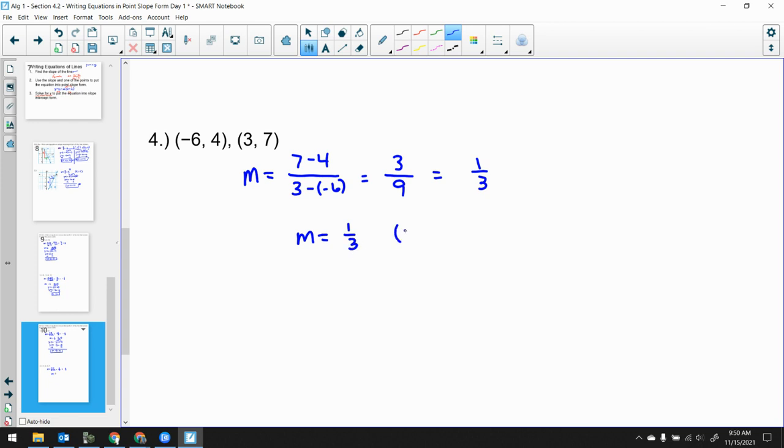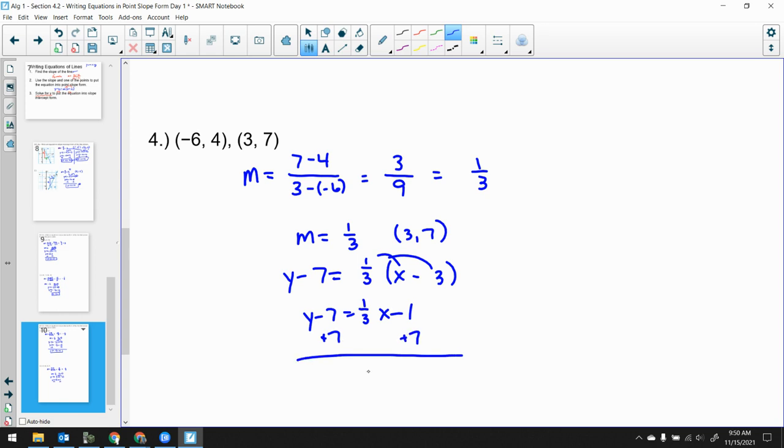So m is 1/3, 3 comma 7. So y minus 7 is equal to 1/3 times x minus 3. Let's distribute in the 1/3: 1/3 x minus 1. And when I add the 7, that gives me y is equal to 1/3 x plus 6.